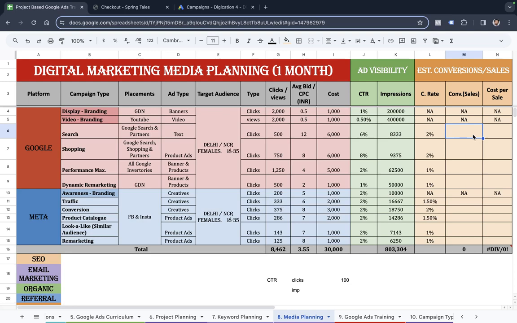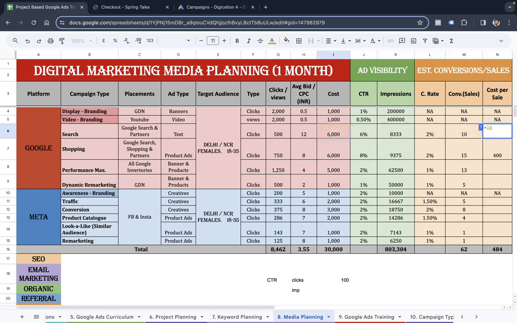Now, conversions are 2% of the entire traffic, which means we are talking about generating 10 sales through the search campaign. We simply copy and paste the formula, and we are talking about generating 62 sales in total. The cost per sale is the cost for that particular campaign divided by the total number of sales.